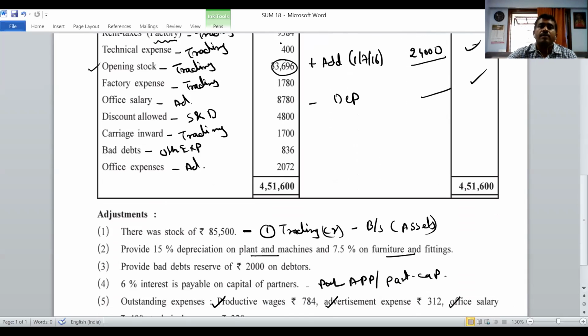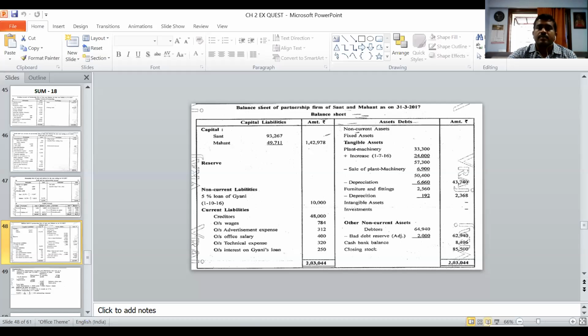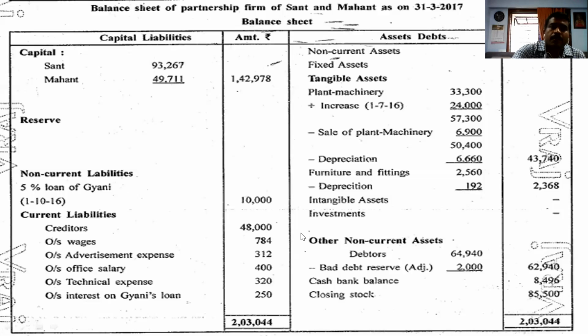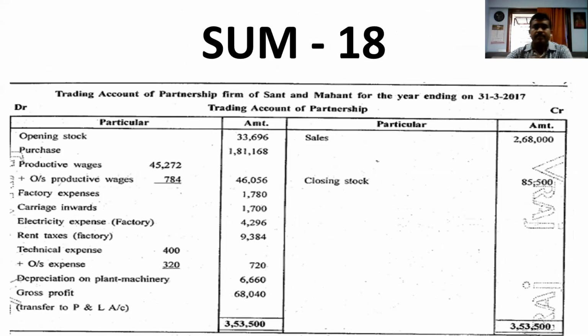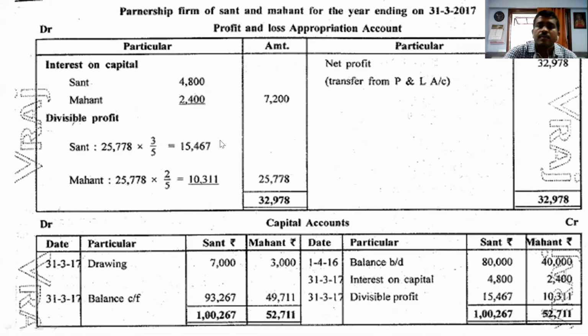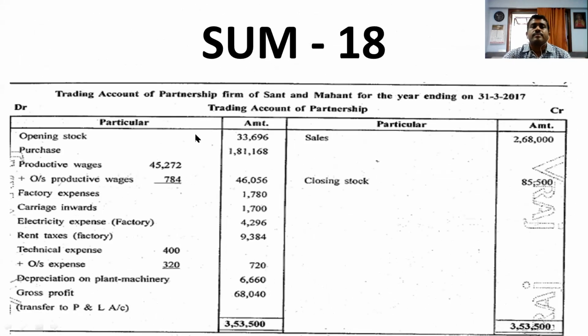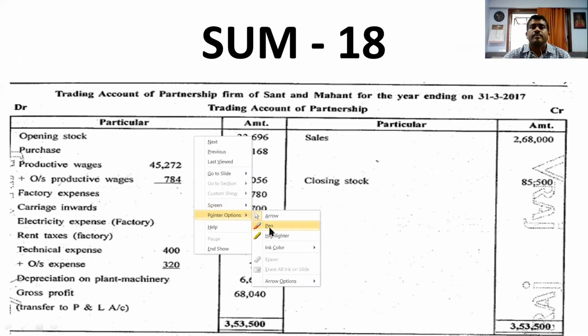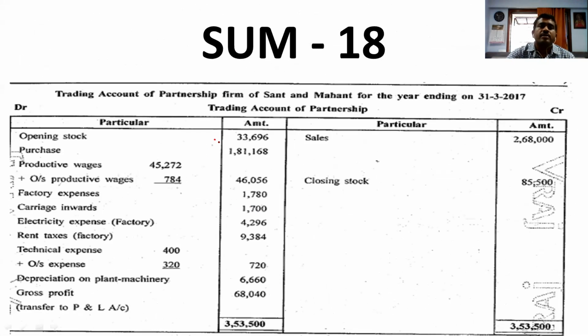So now we are coming towards the answer. Let's see the sum. Chalo, so we can start the topic. Productive wages is 45272. Opening stock, friends, we have seen.